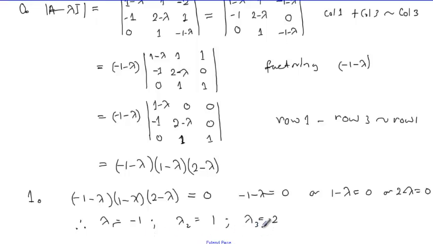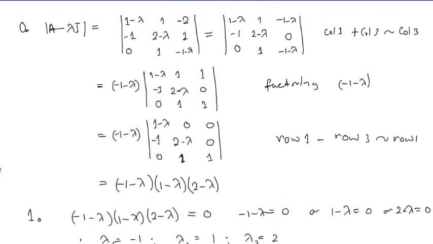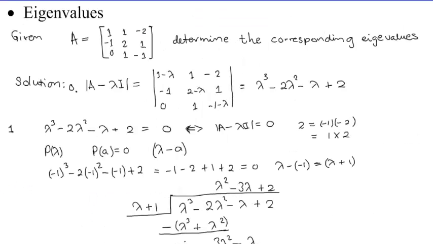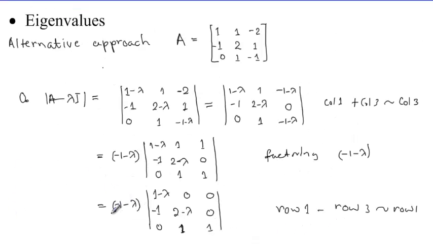So at this point, I think it is now clear that this is an example of two approaches we can use to find our eigenvalues. First of all, we can factorize the polynomials the usual way we did, or we can use the properties of determinants in this approach.